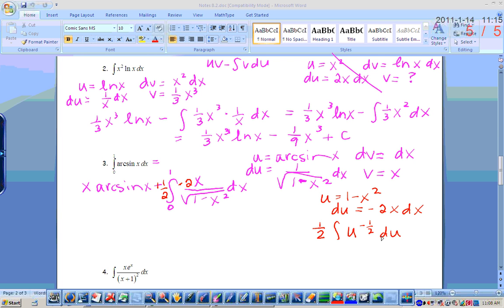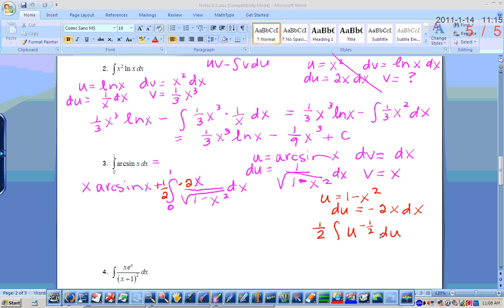Now, normally, right here, I would change my limits of integration. However, over here on the right side, I'm going to integrate that and put it back in terms of x's and not change my limits of integration, because this x arc sine x here needs to be between 0 and 1, and I want to keep that all the same with the problem.